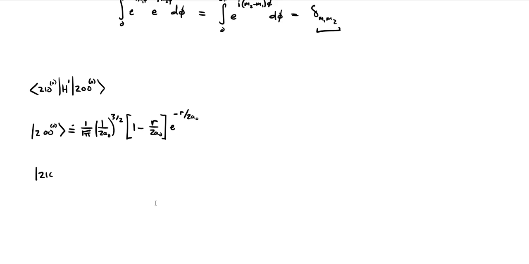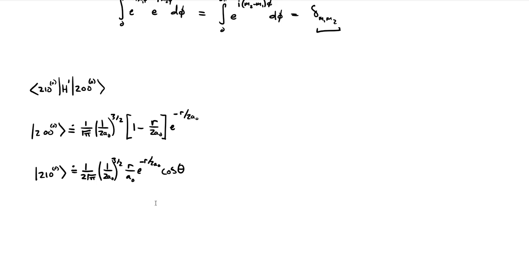And our 2, 1, 0 wave function is equal to 1 over 2 root pi, 1 over 2 a naught to the 3 halves, r over a naught, e to the negative r over 2 a naught cosine theta.